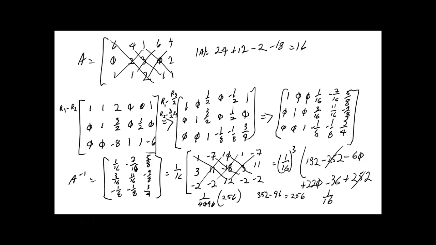The determinant of A inverse is 1 over 16. So here's what we've got. Determinant of the inverse of A is 1 over the determinant of A. Or vice versa. Because the determinant of A was 16, the determinant of A inverse was 1 over 16. So at least that's what it appears. Okay?